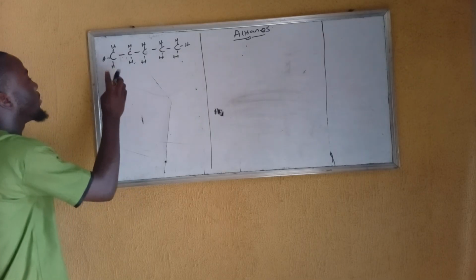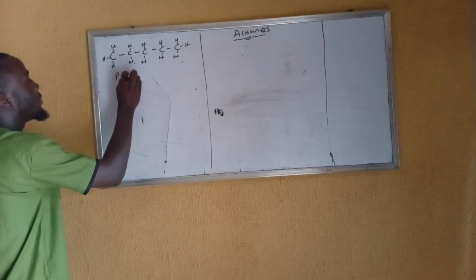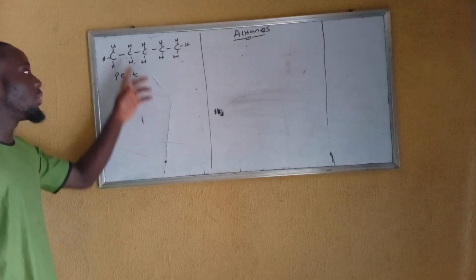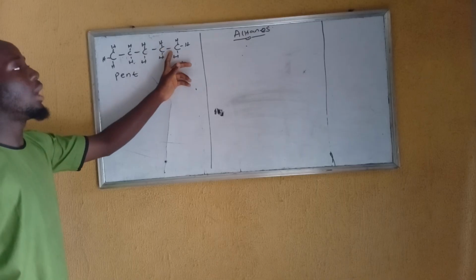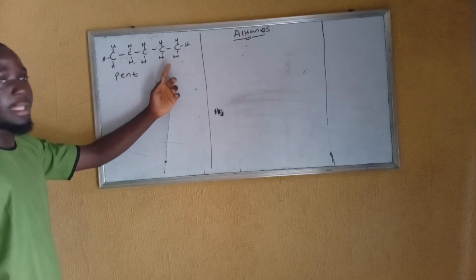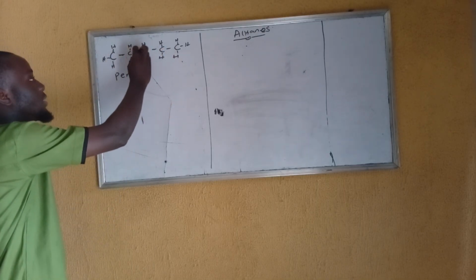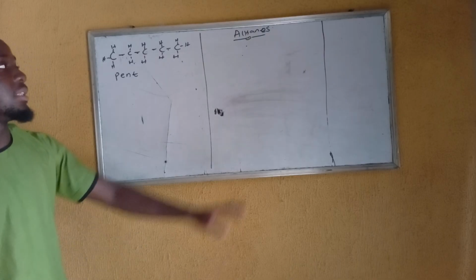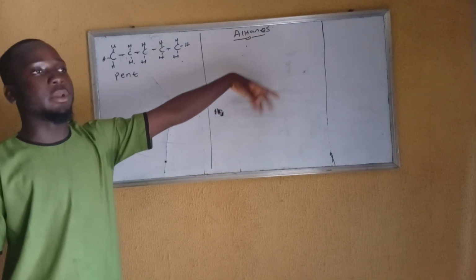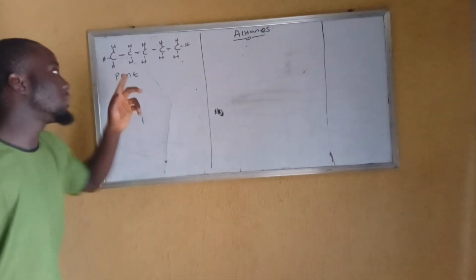So this is called pent. It contains single bonds. The bond right here is single. And I told you single bond means alkane. Because single bond is alkane, you end with a. Then this particular compound is called pentane. As simple as that.